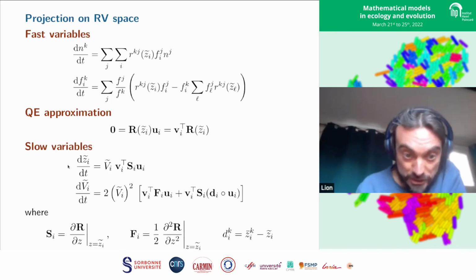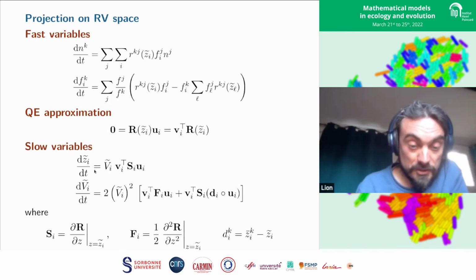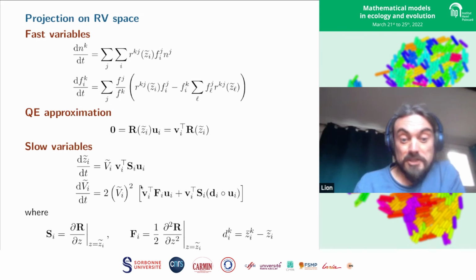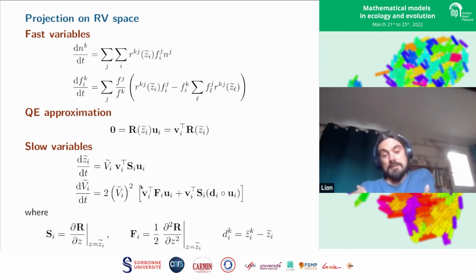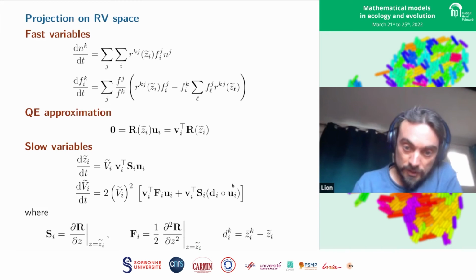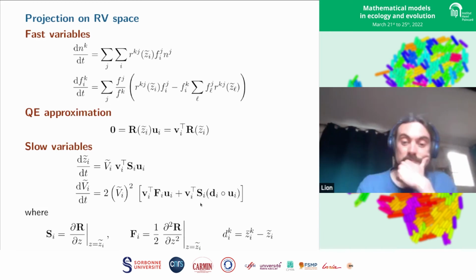And for the slow variables, we have equations for the morph means and variance, which are again very similar to the equations we know for the monomorphic case, except that for the variance we have an extra term that represents the interaction between the different morphs.